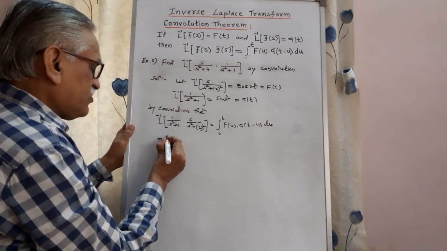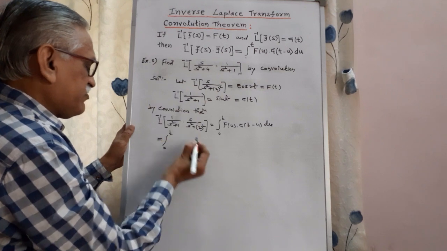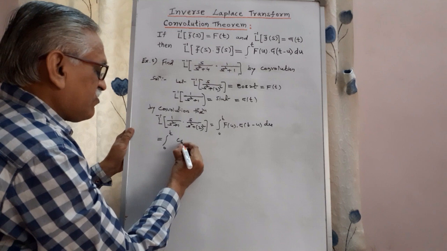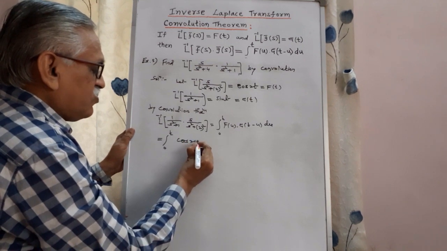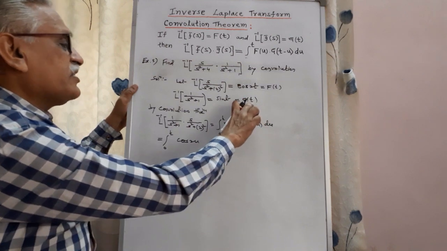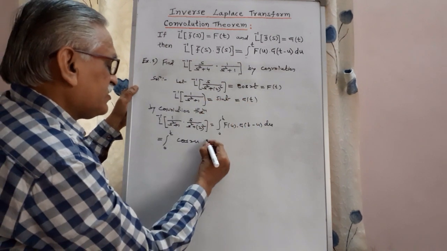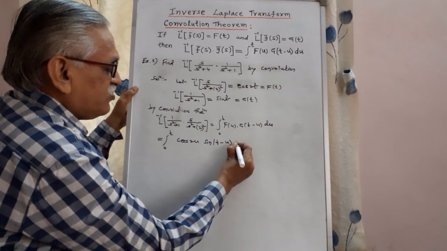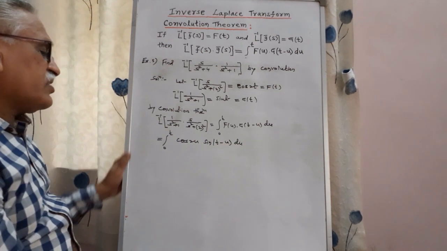Therefore it is equal to integral from 0 to t f of u, replacing t by u here, we get cos of 2u, okay, and replacing t by t minus u here, we get sine of t minus u du, okay.